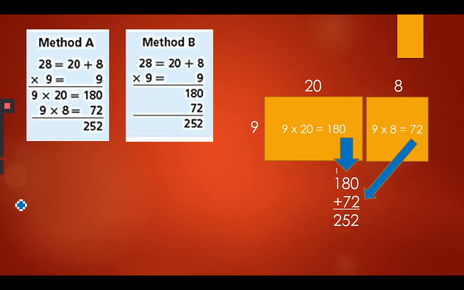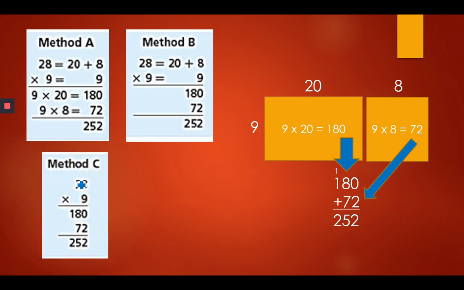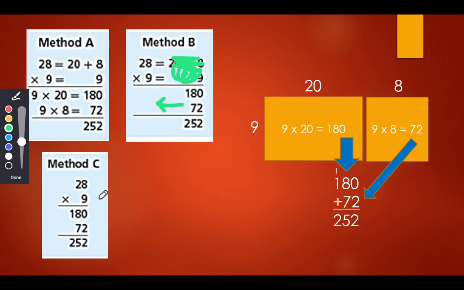So now let's move to our next method, which looks quite a bit different than these other two. However, if you look at this carefully and analyze it, you can see that if I just cross out all this stuff on method B and move this over, it pretty much looks like method C. So we're doing a little more mental math in method C. So this time I'm not writing this down.